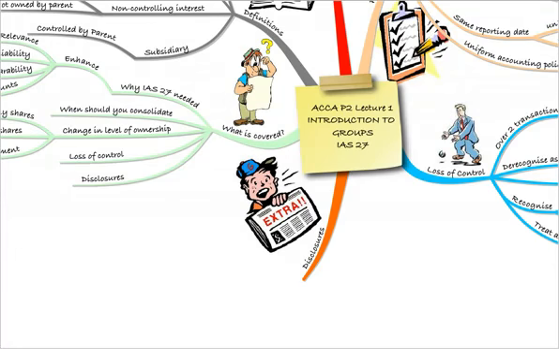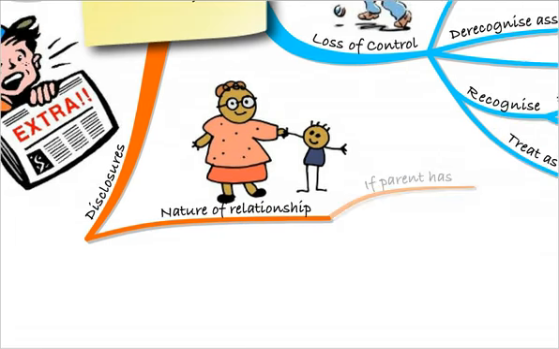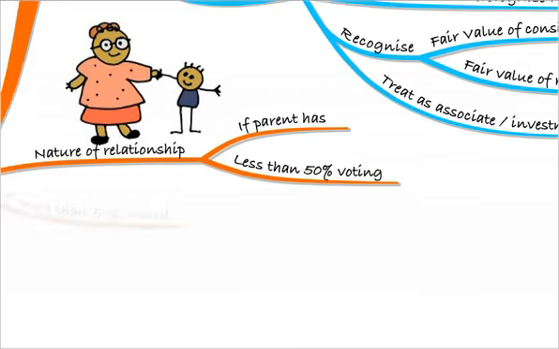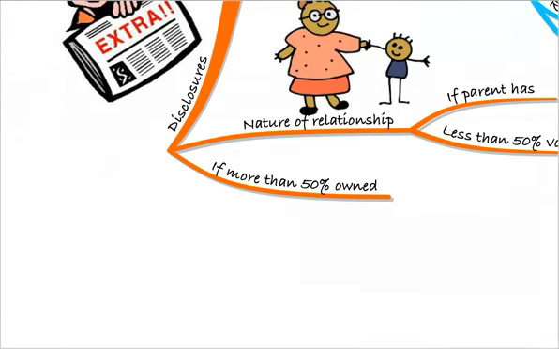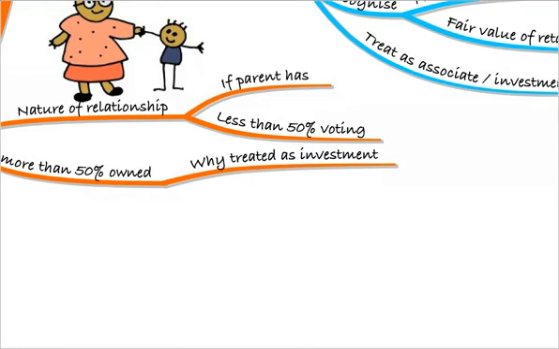Disclosures then, disclosure requirements under IAS 27, the nature of the relationship. So the nature of the relationship needs to be disclosed if the parent has less than 50% voting rights. So you need to say why then you've consolidated, why they're a subsidiary. If more than 50% is owned, you need to say why they're treated as an investment if they are. So if they're not treated as a subsidiary and you own more than 50%, why are you doing that?